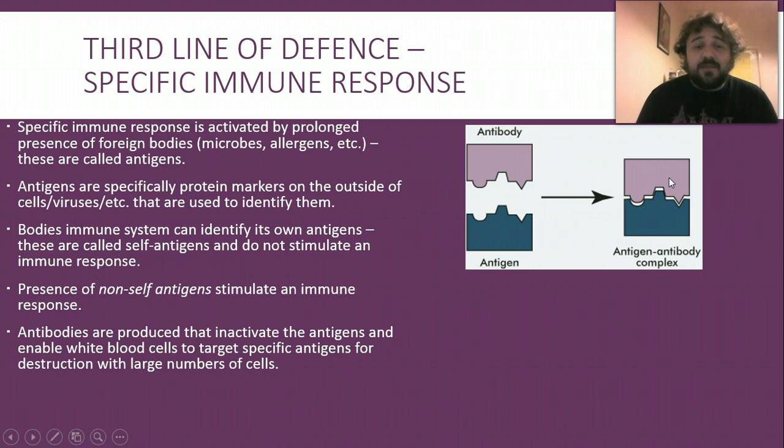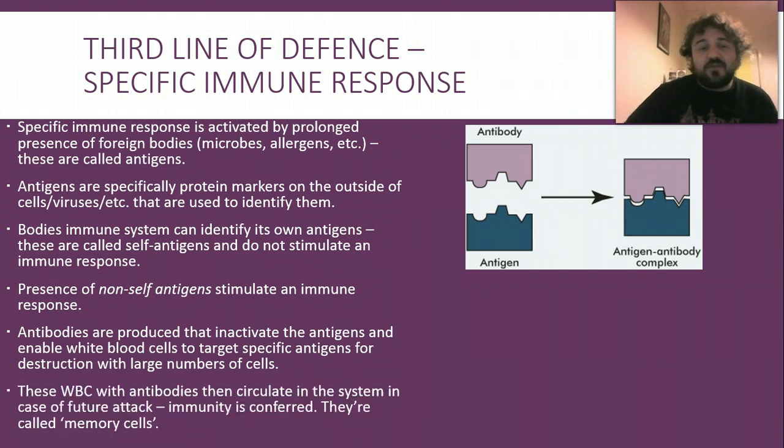Now, the antibodies themselves are produced by a different type of white blood cell, and the white blood cell will produce a bunch of antibodies and circulate in your system for sometimes a few weeks, for sometimes years and years, in case of a future attack. So if the virus comes back in, the white blood cells are already there with the antibodies, they'll recognize it and they'll attack it. And these are what we call memory cells.